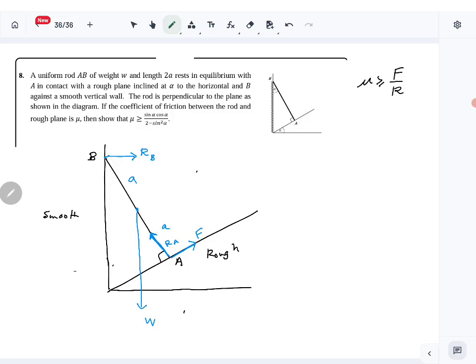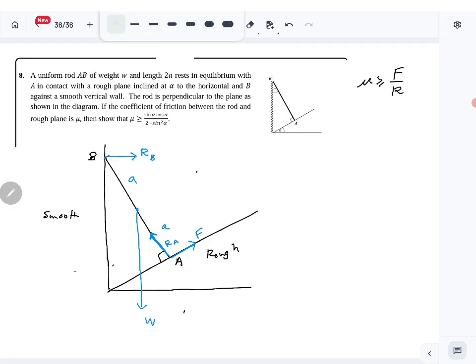Friction should be against the tendency to move. The rod will be trying to slide down, so friction tries to prevent it. So friction should be up. Right, everything is marked.